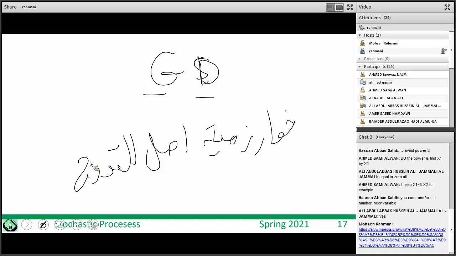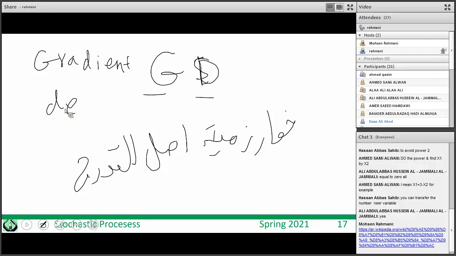I sent the link to you. This is the Arabic name of the method that I want to talk about. But in English, this is gradient descent.